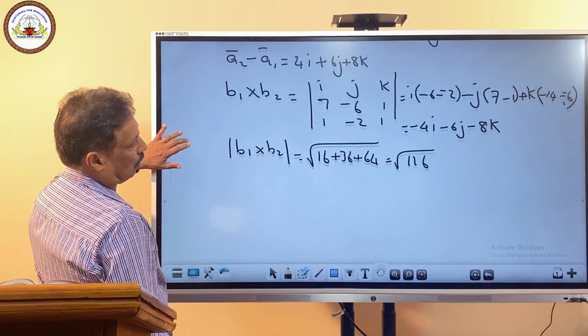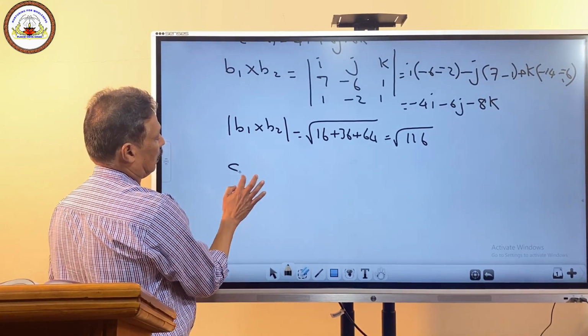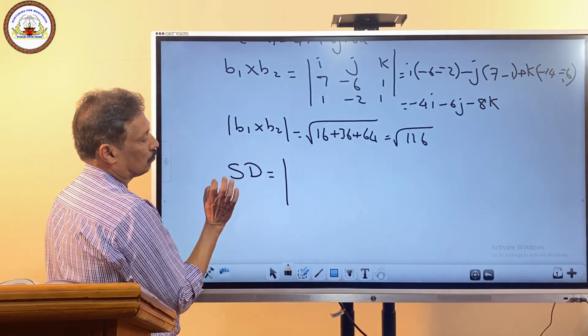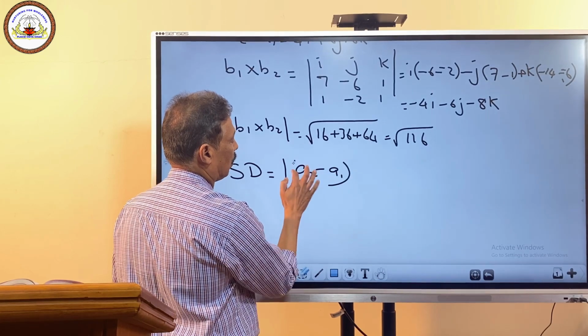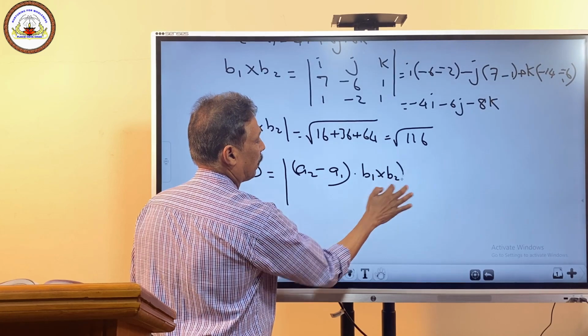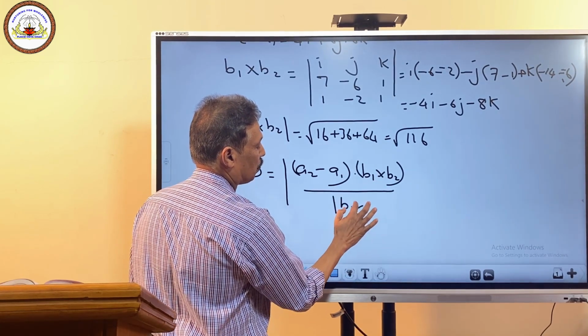Again, our formula for finding the shortest distance: SD equal to modulus of A2 minus A1 dot B1 cross B2, divided by mod B1 cross B2.